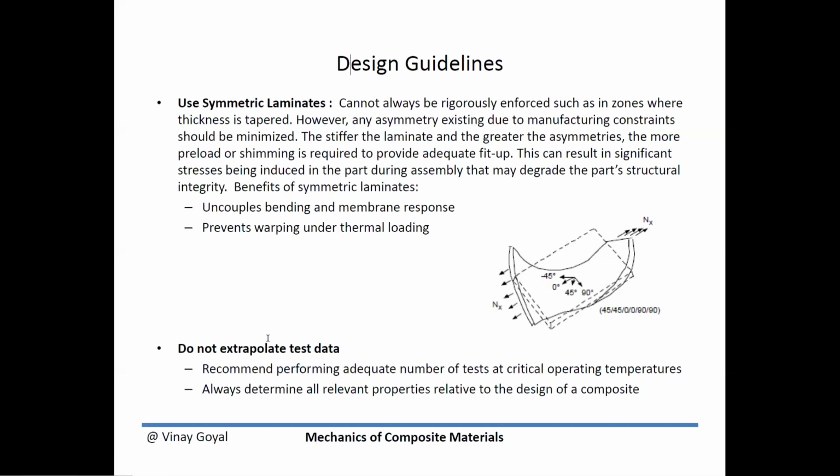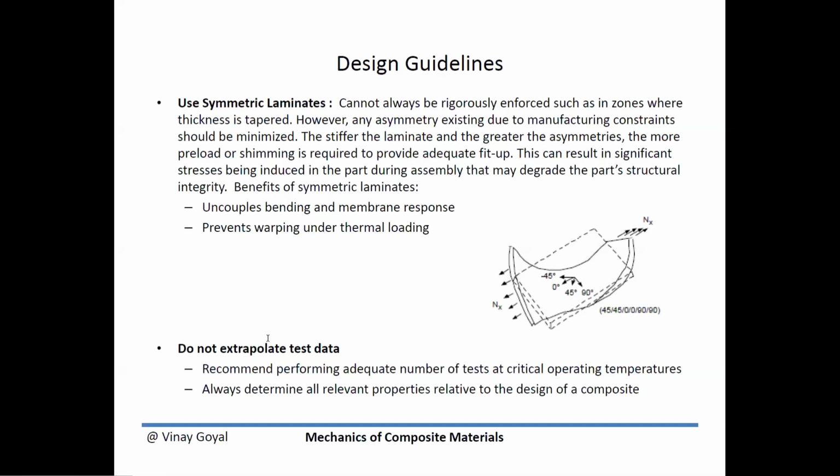However, any asymmetry existing due to manufacturing constraints should be minimized because that's going to cause some amount of interlaminar stresses at times, and it could sometimes cause additional warping and twisting effects. It could introduce bending and maybe even coupling between extensional loading and bending stiffness.